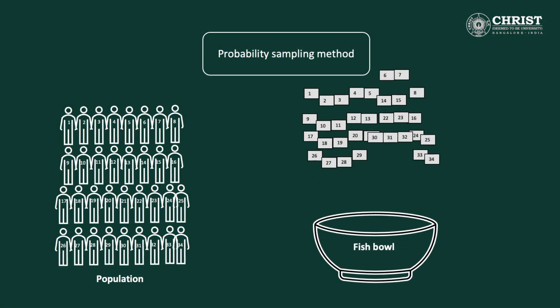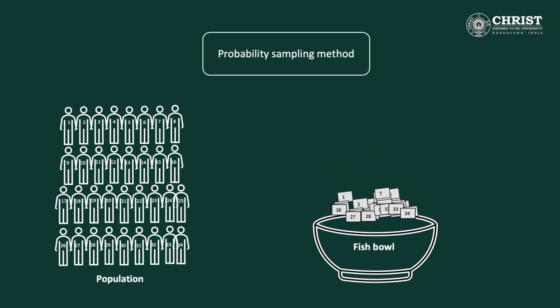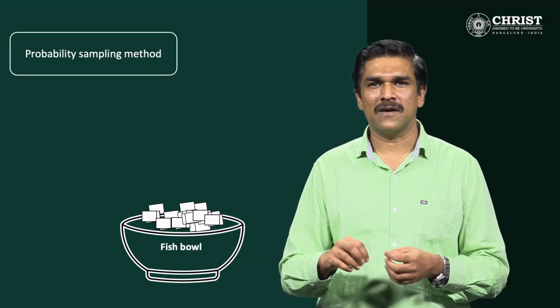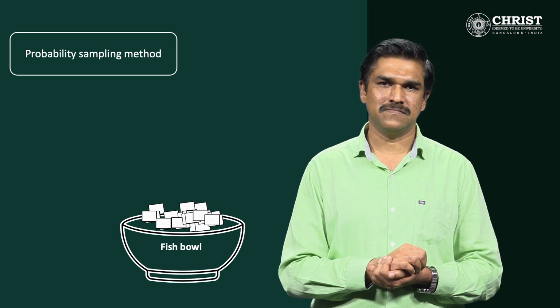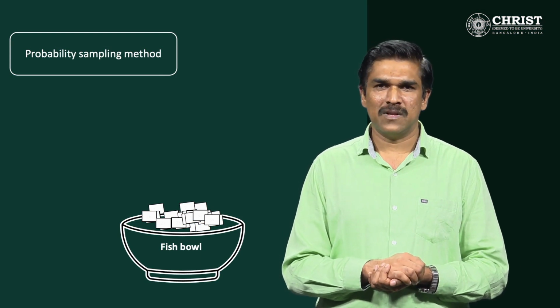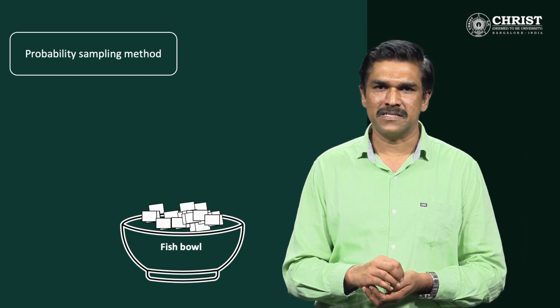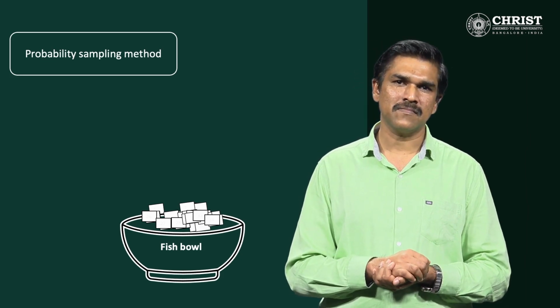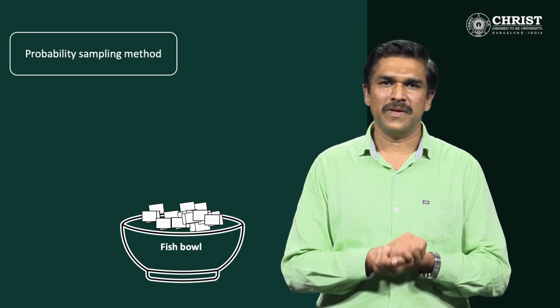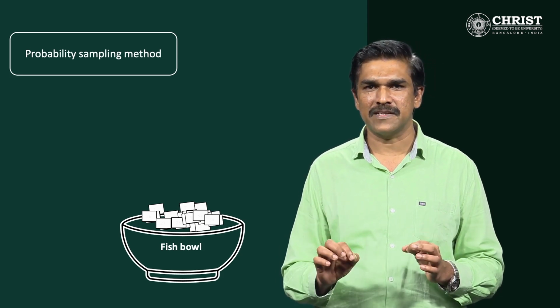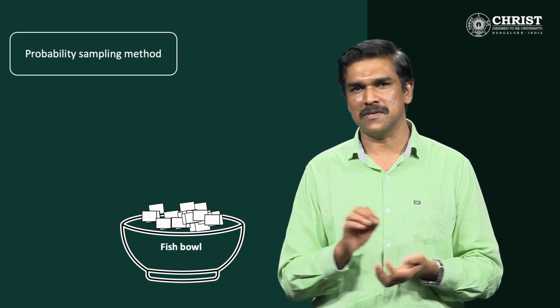After preparing it, we fold the lots and deposit them in a fishbowl. Now, we can choose one lot after the other from the fishbowl. The individual with the ID in the chosen lot will be considered for the sample. While doing this, we ensure that everybody in the population will get a chance to be included in the sample.